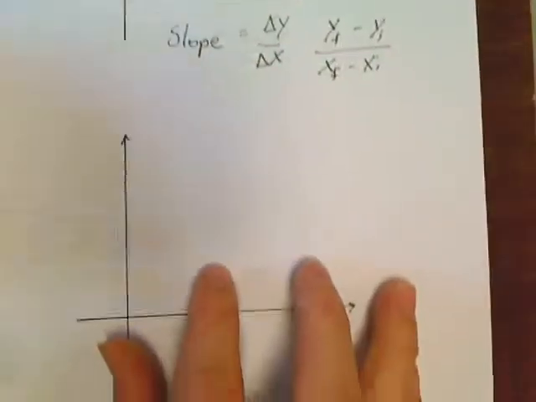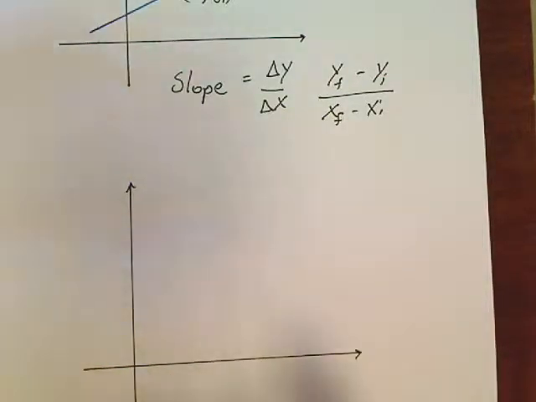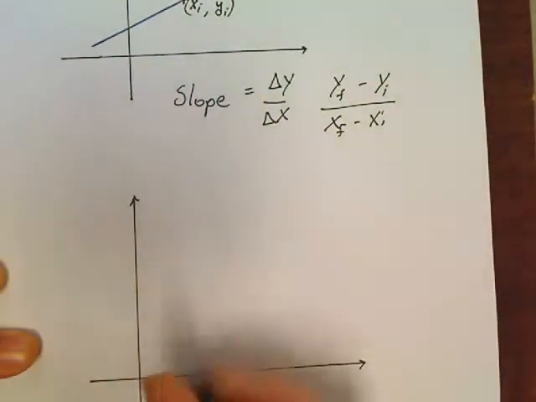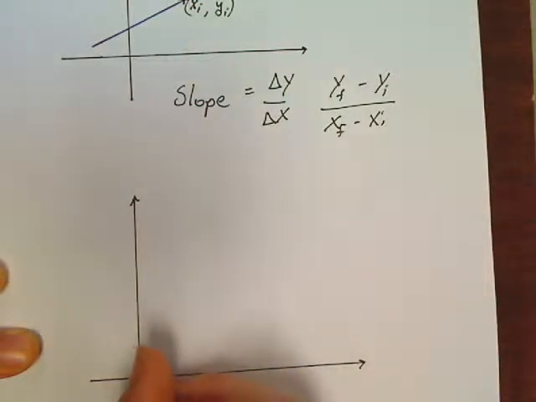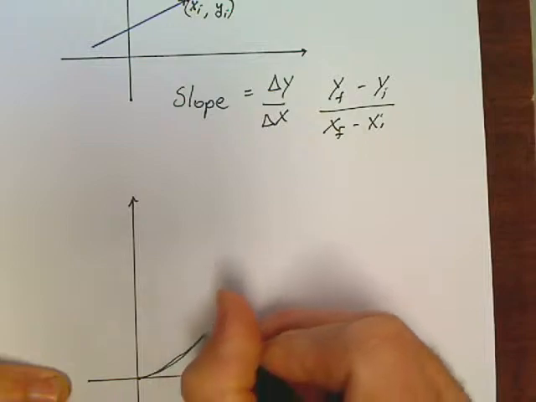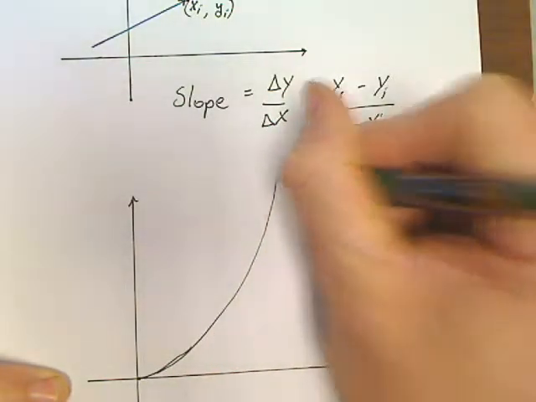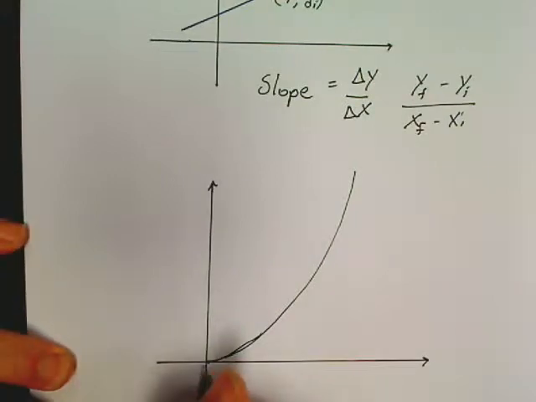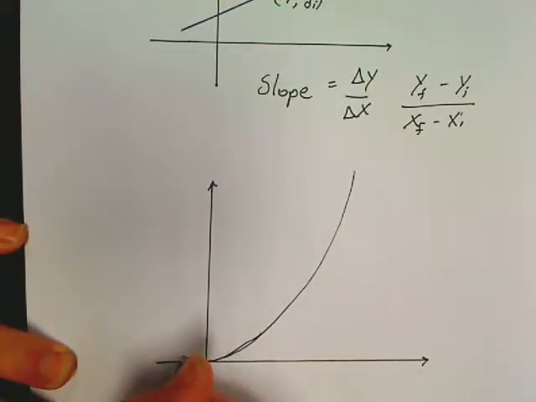So let's take a look at a different function, and you're going to have to excuse me, my drawing skills are not superbly honed. Let's take a look at a function that looks like this. Now, this is going to be the tricky part.